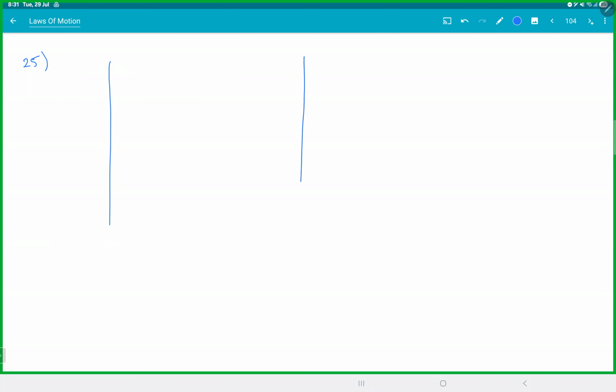So let's say we have two parallel walls, and we got a chain here. This is point A and this is point B. This angle is your beta and this angle is your alpha, and C is the lowest point.